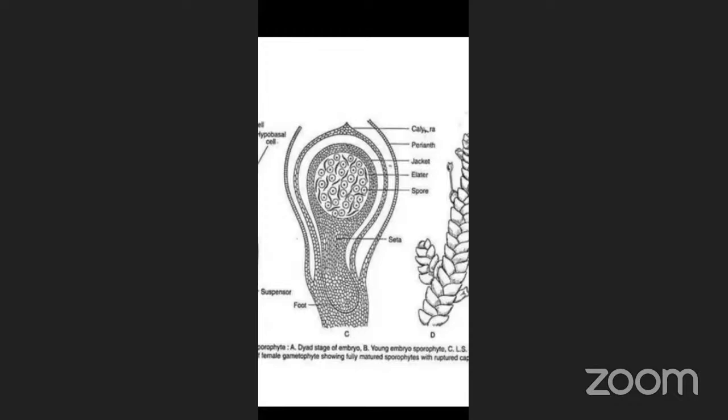The epibasal cells divide to differentiate into outer amphithecium and inner endothecium. Epibasal cells, meaning upper tier cells, only divide to produce the outer amphithecium and inner endothecium. The amphithecium forms the capsule wall and the endothecium acts as the archesporium or spore mother cell.